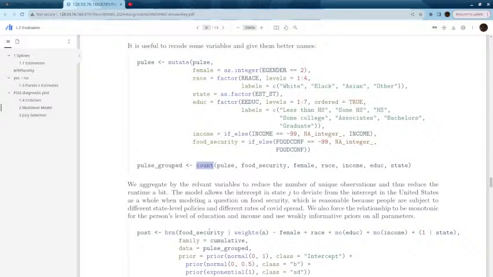So I did answer the question, how much food security do you have based on sex and based on race, using the monotonic construction for education. So what's the highest level of education you have, and what was your annual income in 2019 or something like that. Also allowing the coefficient on state to vary from one state to the next.